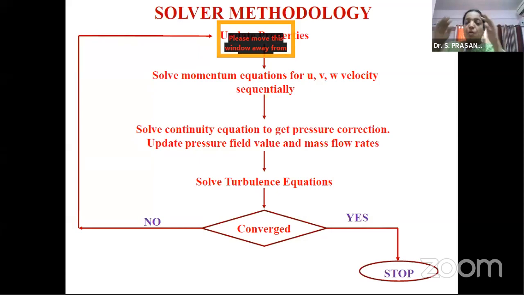Once your solution is converged, that means it is satisfied at all the cells, you will get a statement that the solution is converged. It means that all the equations are satisfied at that particular cell. Then this process repeats and continues until it completes all the cells in the given control volume.